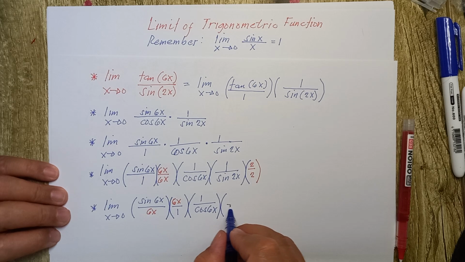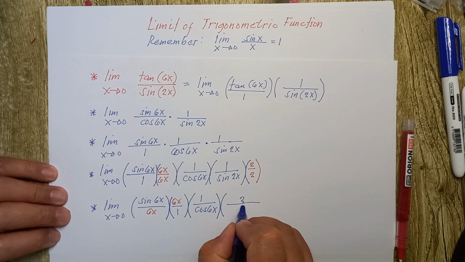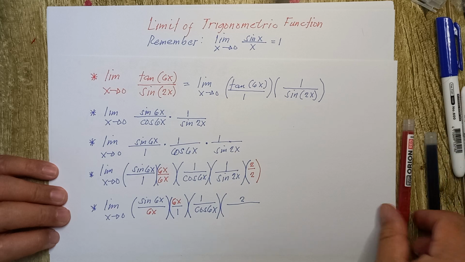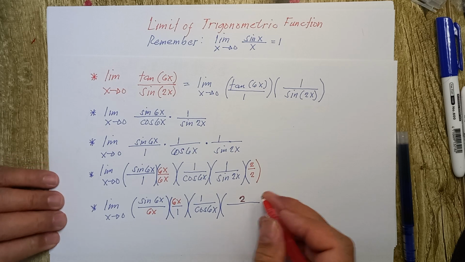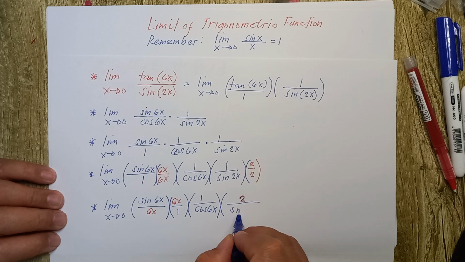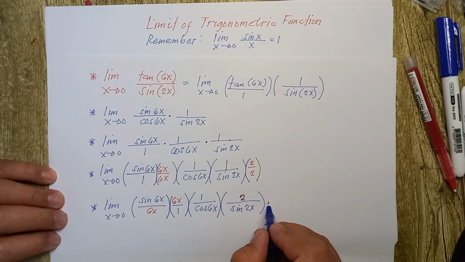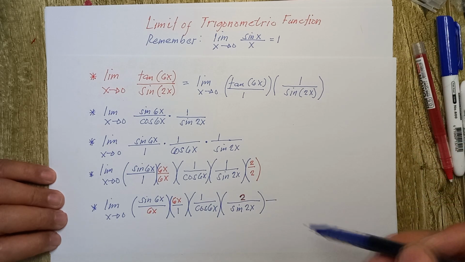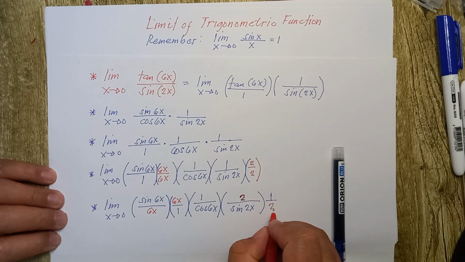Now notice that we will be multiplying that one, so that is the same as 2, multiplying that one, that will give you 2, and of course that is the same as sine 2x. What remains at the other side is what? Remain is 1 over 2.